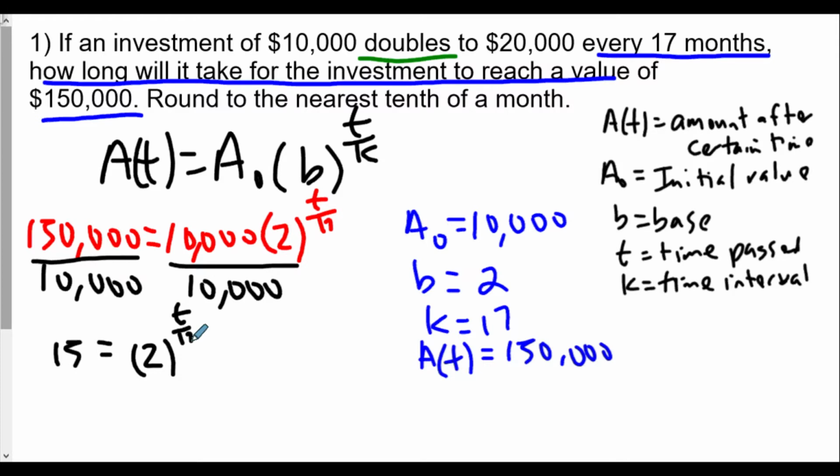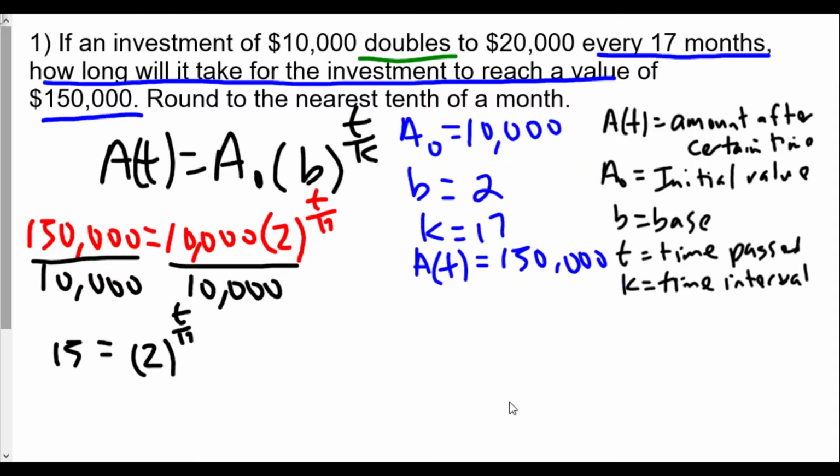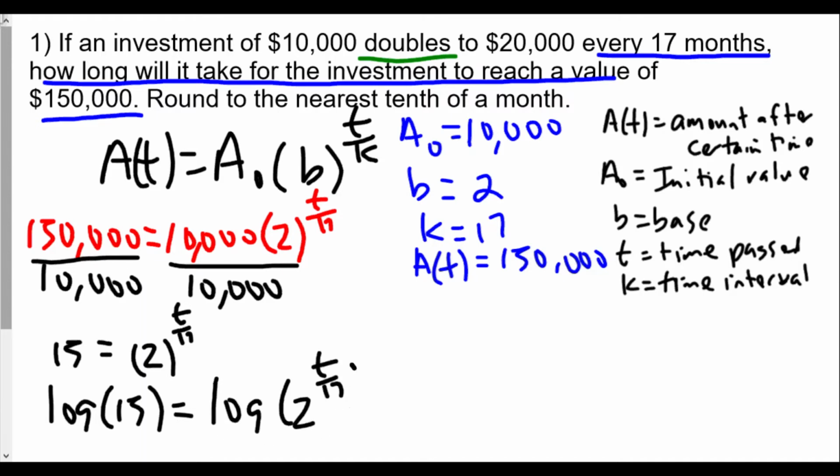Whenever we have problems that deal with a variable as an exponent, we want to make sure we use logs, because that's how we use the power rule to bring the exponent down. So we're going to take the log of both sides. We have log of 15 is equal to the log of 2 raised to t over 17 power.